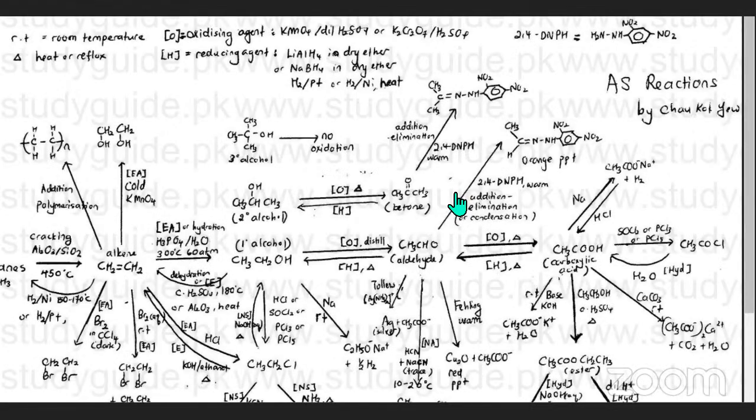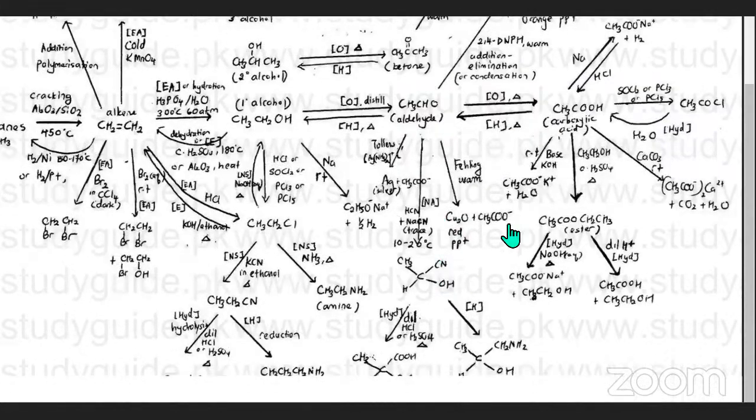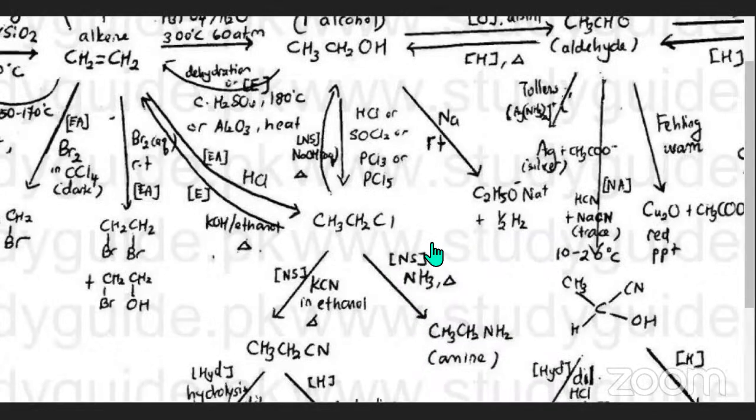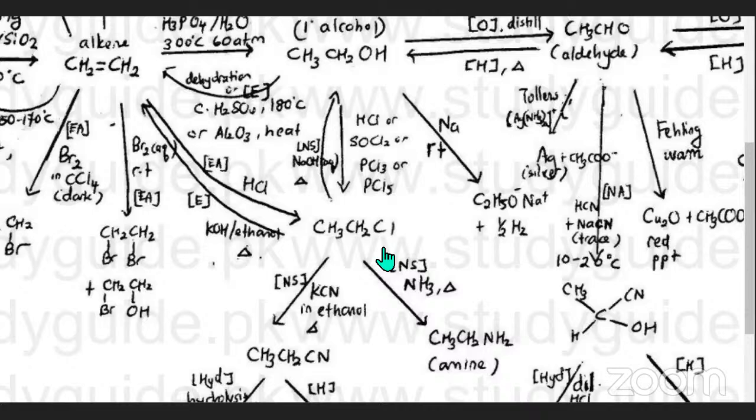Make sure you have a chart like this with you at all times, so that you can know what a halogenoalkane would do when you react it with KOH. These are your halogenoalkanes.